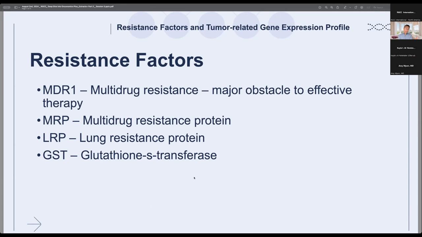And so if you have a high MDR1 or high multi-drug resistance, you are not going to easily destroy the cancer, because there are high resistance factors.